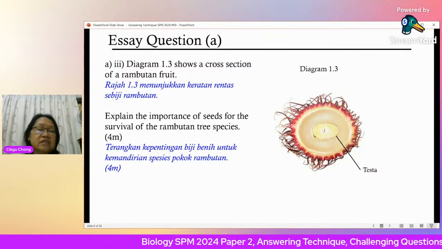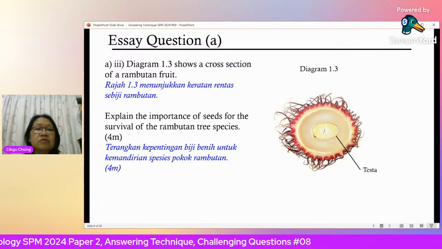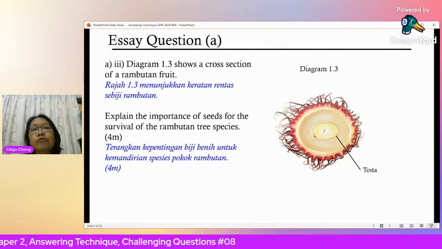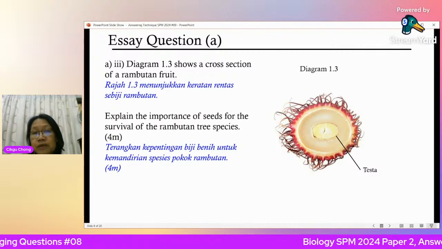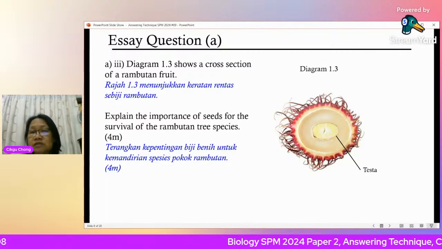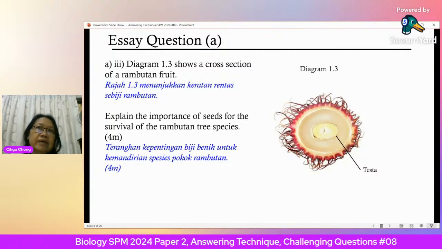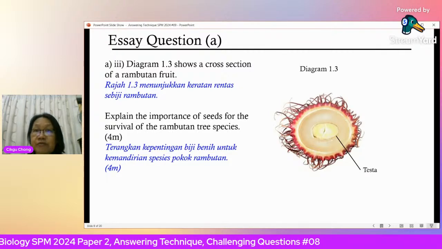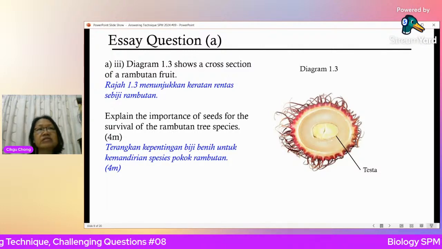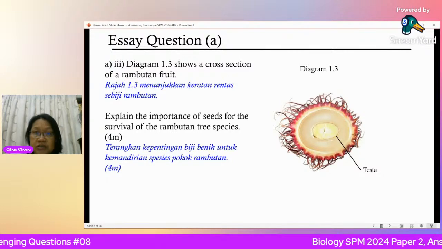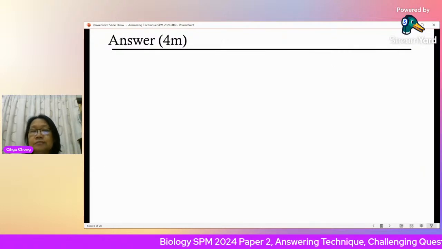So this contains the genetic material for the next generation. Most importantly, the seed is for reproduction. You need 4 points to explain the importance of the seed to make sure that the rambutan tree does not become extinct. That means for survival, to ensure that there is another generation of the rambutan tree. So we're going to write in order to get 4 marks.